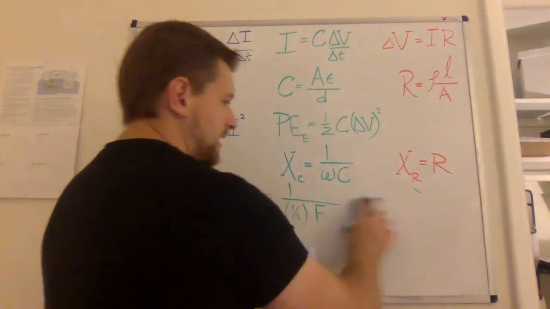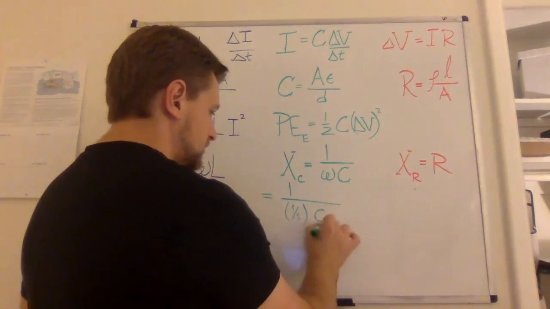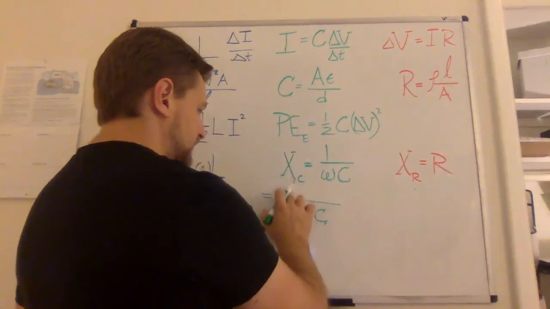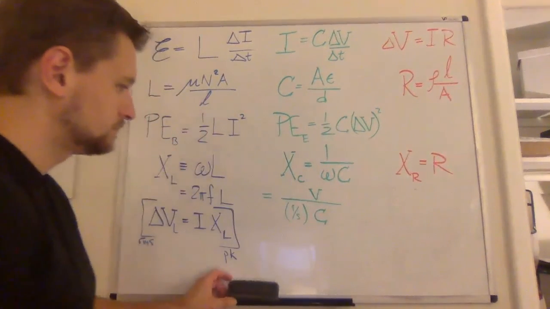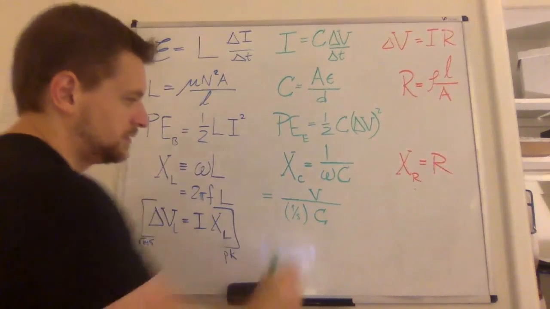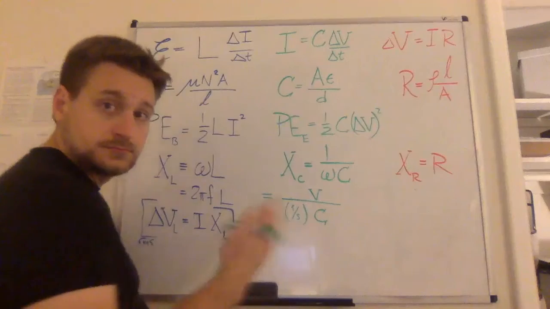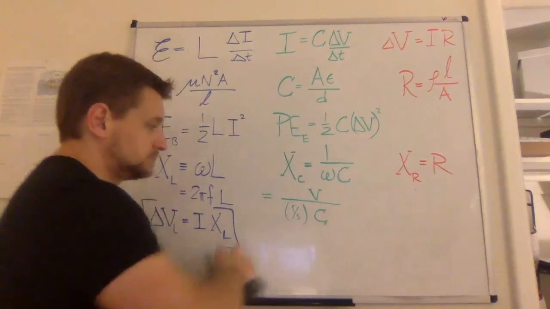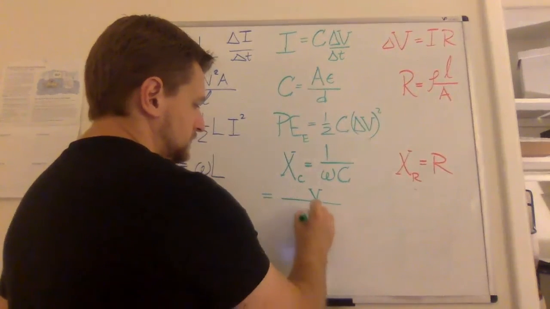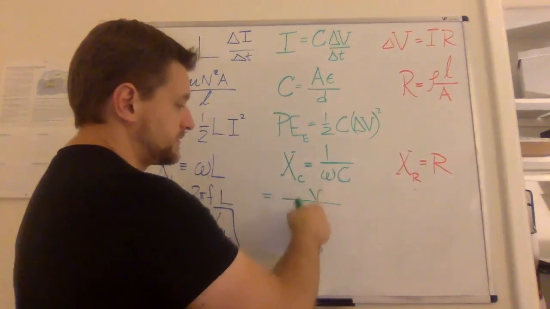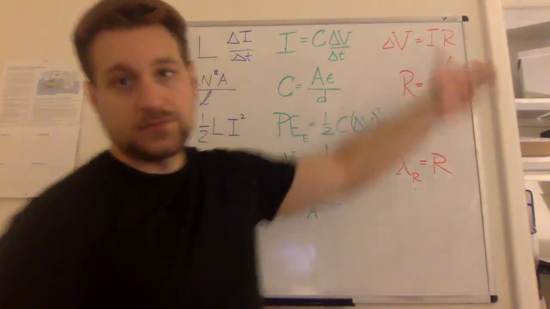So a farad in the denominator means coulombs per volt. Now, a coulomb per second, that's an amp. And volts over amps, that's ohms.